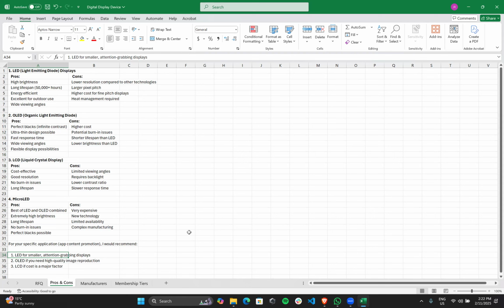So it's not about always assigning, let's say, point values to all of these factors and then adding them up and seeing which one has the best points in range.